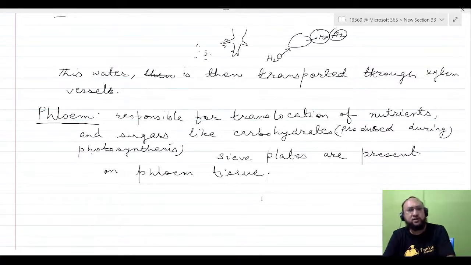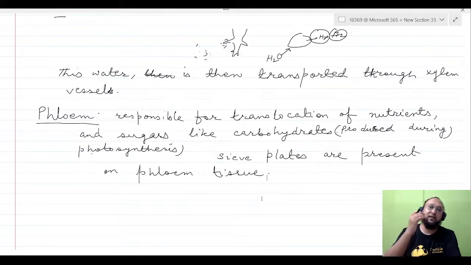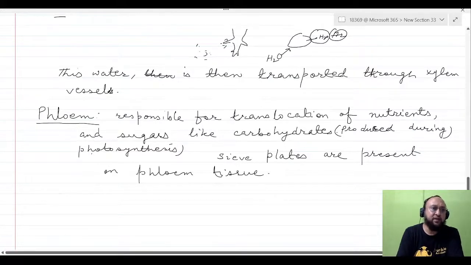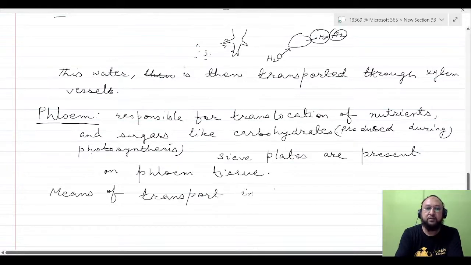Now the means of transport, the physical processes by which transportation takes place, are three different means. Means of transport in plants.